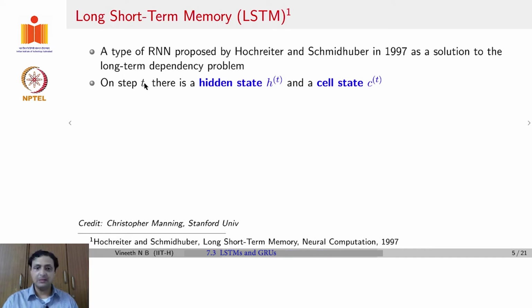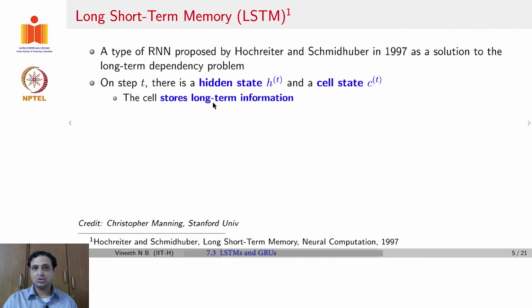At each step t, in an RNN, we had a hidden state which the RNN block would output. Now, in an LSTM, we would have a hidden state which an LSTM block would output, and also an internal cell state which maintains the information across a temporal context.